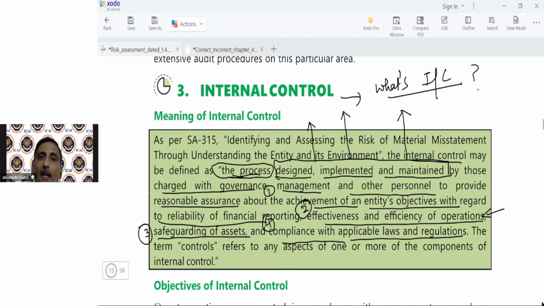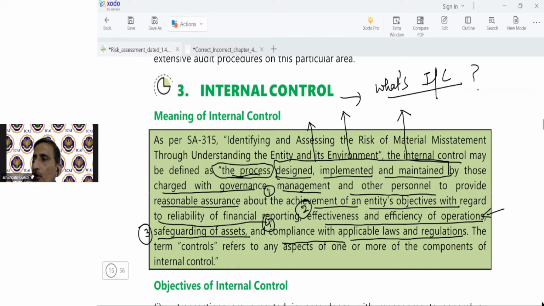See, if I read everything from your module as it is, how will I be able to make you understand unless I express it in my own simplified language? So this is my opinion. Okay, guys.